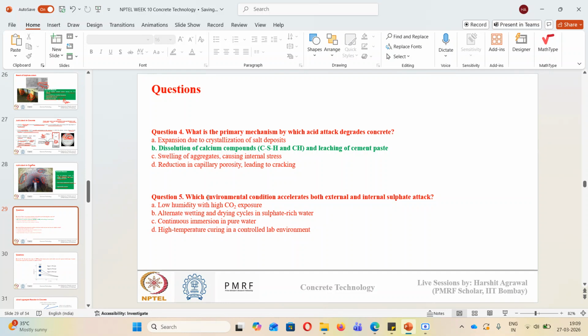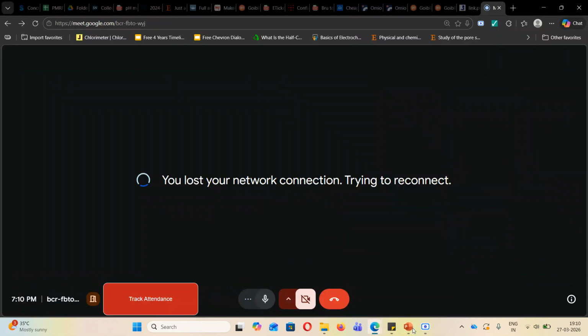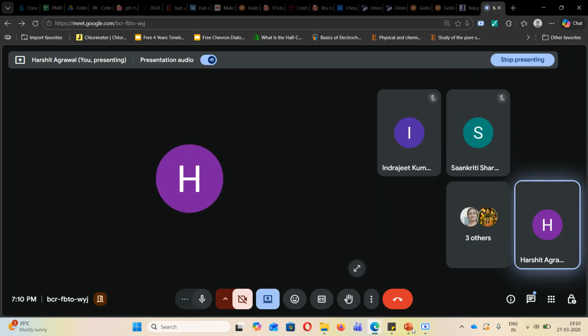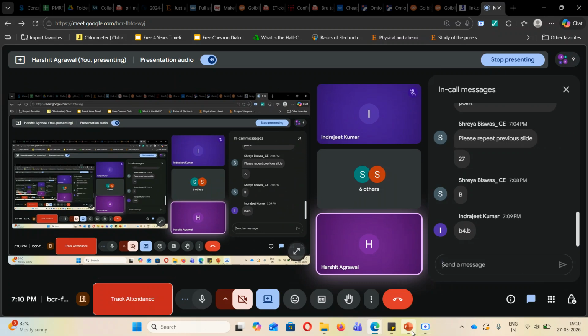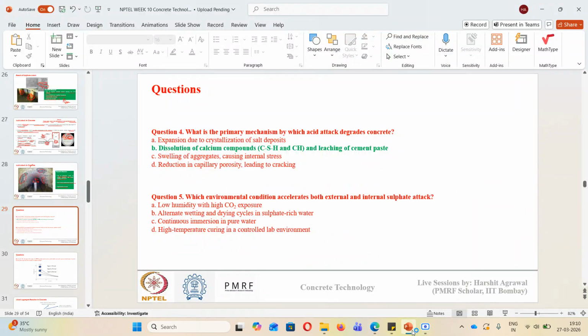Question number 5. Which environmental condition accelerates both external and internal sulfate attack? So just think about question number 5 right now.